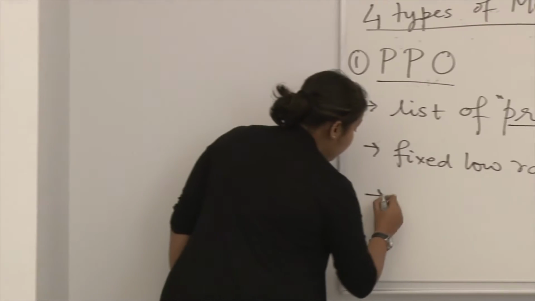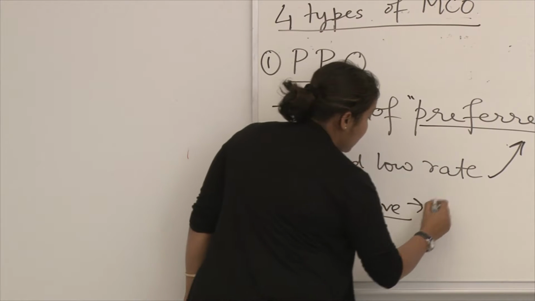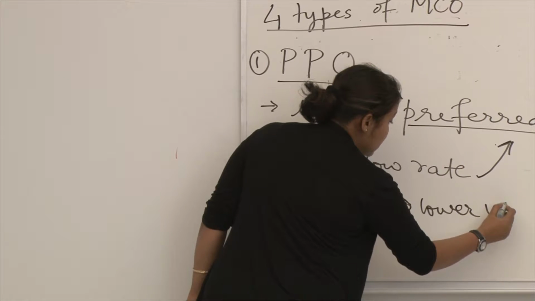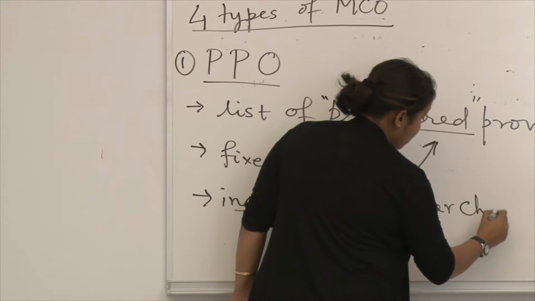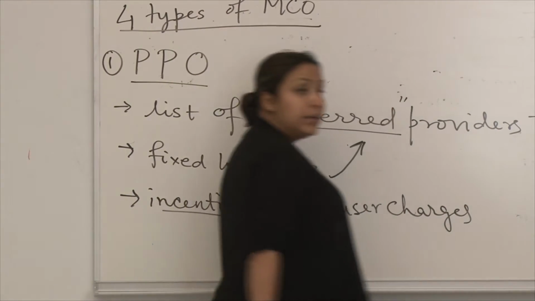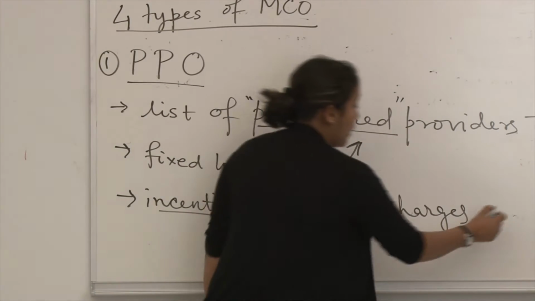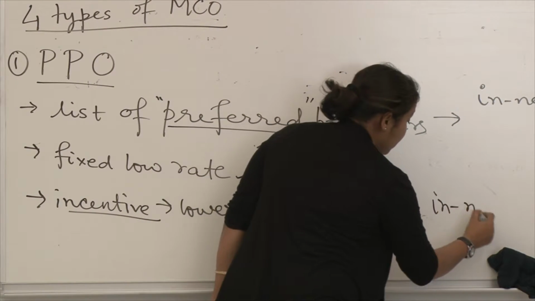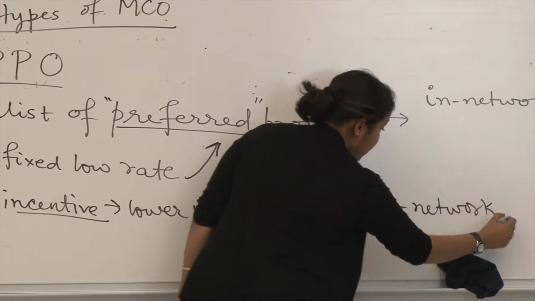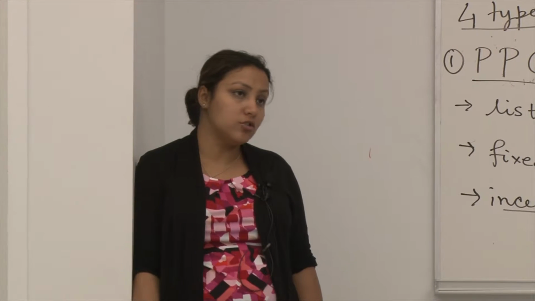The incentive is lower user charges if you go to the in-network people, and higher user charges if you go to the out-of-network people. So for the in-network physicians, you have lower user charges, and for out-of-network physicians, you have higher user charges.